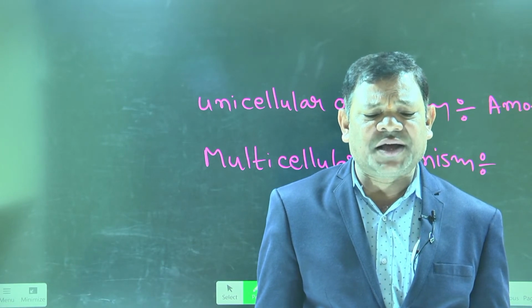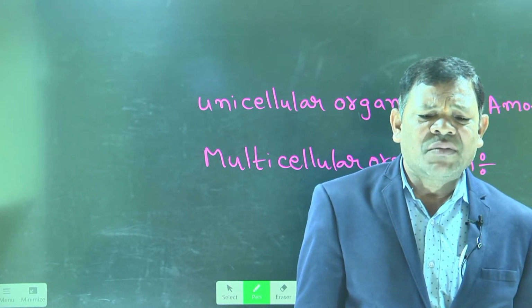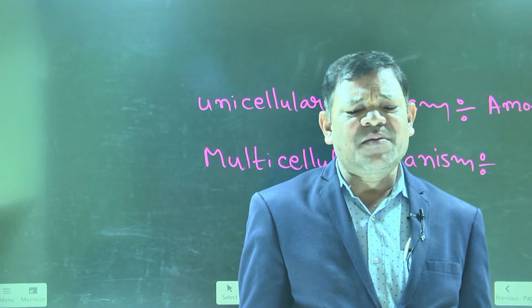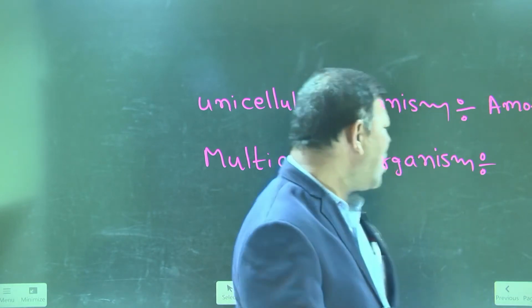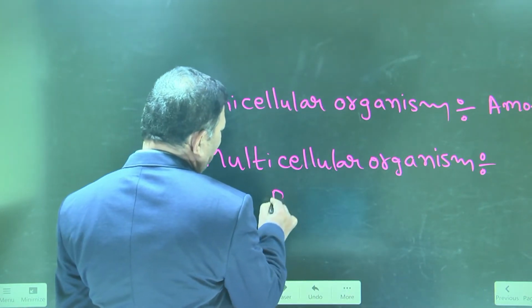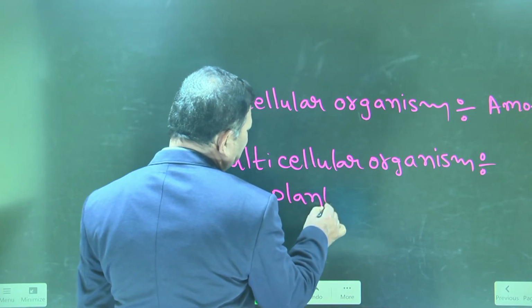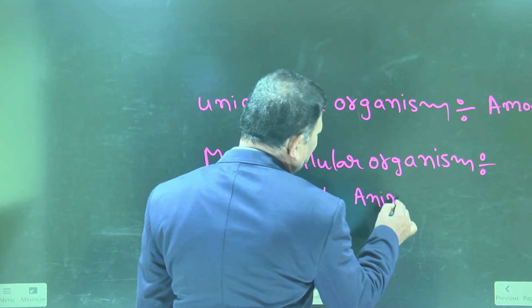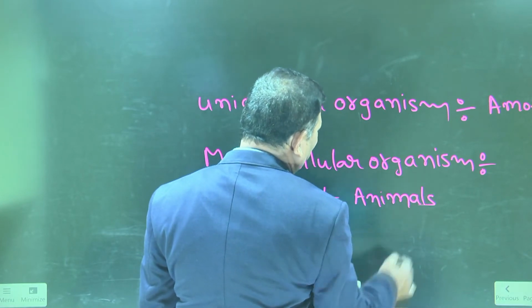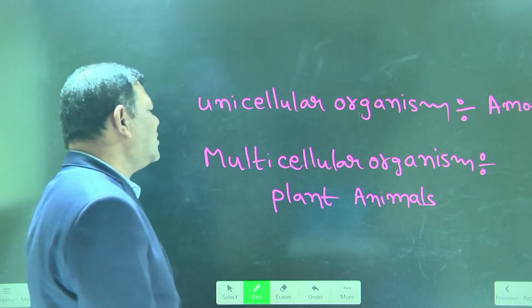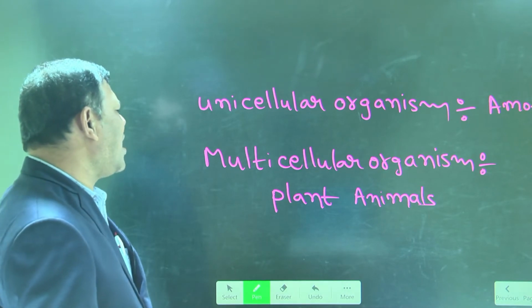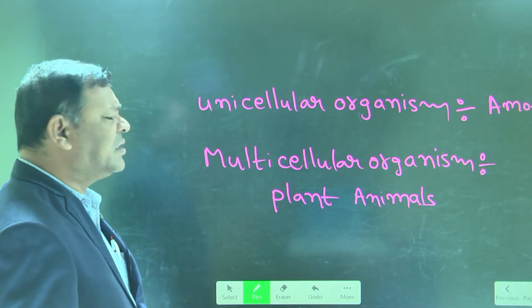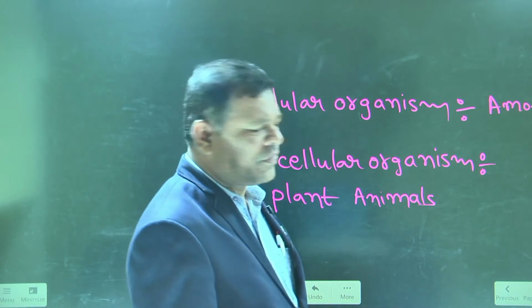All plants and all animals are examples of multicellular organisms.